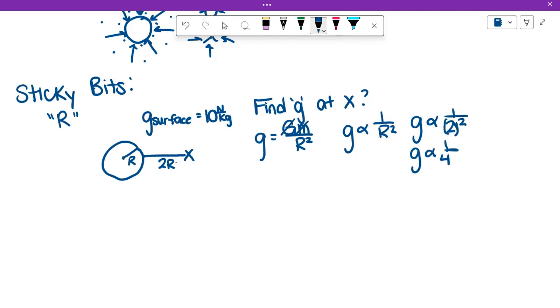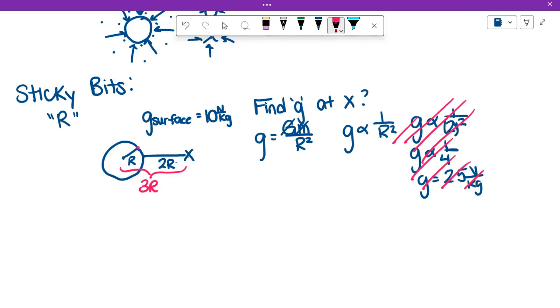So g changes by a factor of 1/4. So then g is now equal to 2.5 newtons per kilogram. Okay. And while that's a great process, the students are forgetting one thing, right? Is that r represents the distance from the center. So when we're at 2r from the surface, we are actually a grand total distance of 3r from the center.